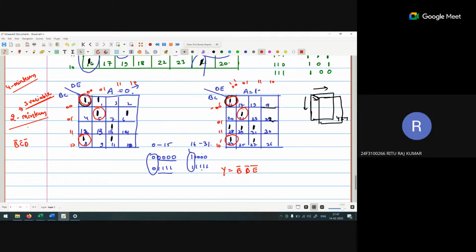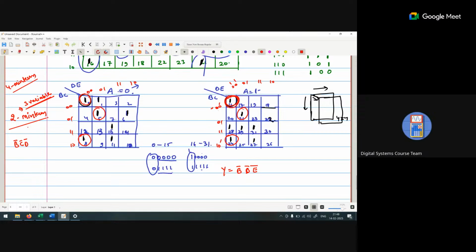So here first you wrote B bar, D bar, and E bar. You consider the group of two or a group of four, sir. Group of 4. Sir, if you consider a group of four, then B, C and D, E, these four terms are constants. Why? Then why didn't you? Because only A is changing.